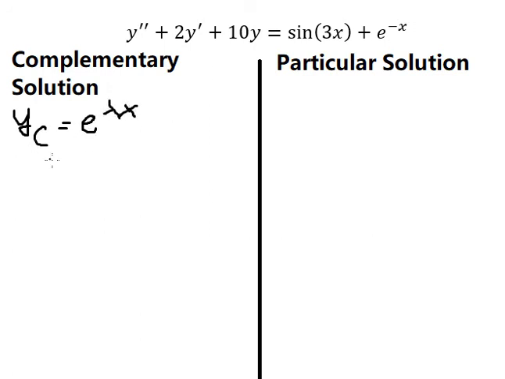Later we need to do the first derivative for both sides. First derivative of this one, we keep e to the power of lambda s. Later we do the first derivative of lambda s, you got lambda.